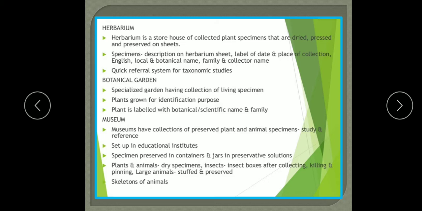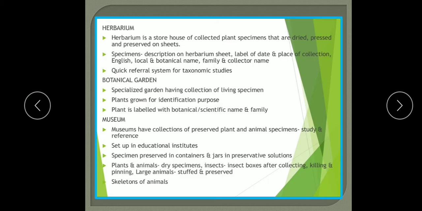So what is a museum? Museums also have collections of preserved plant and animal specimens for study and reference. In biological museums, plant and animal species are preserved in glass jars with the help of preservatives.